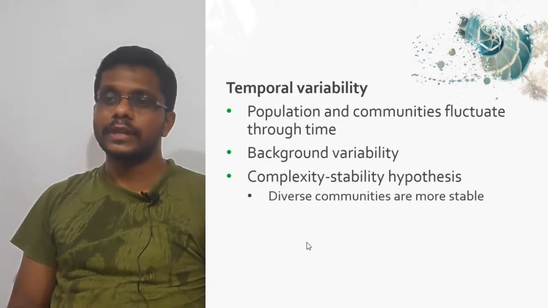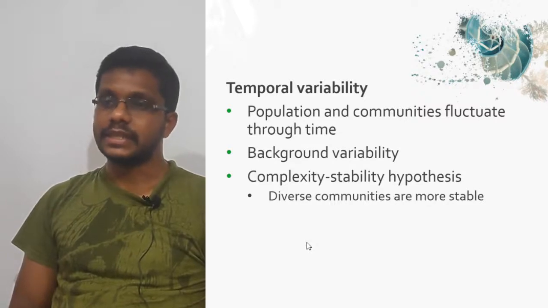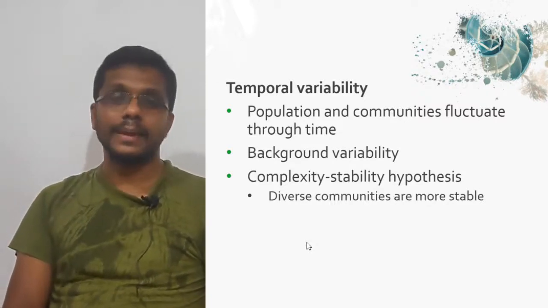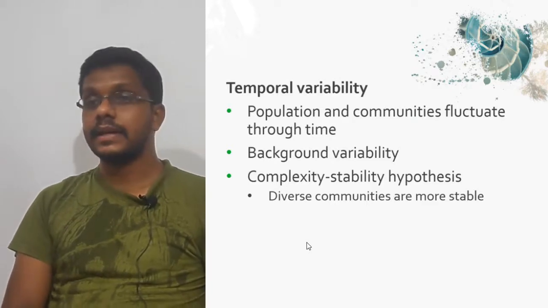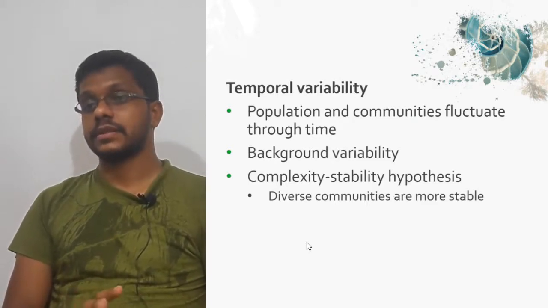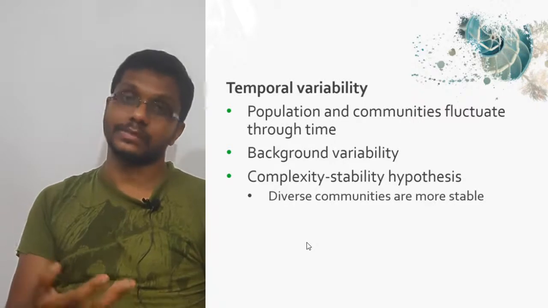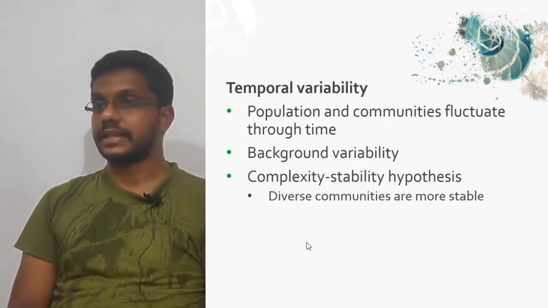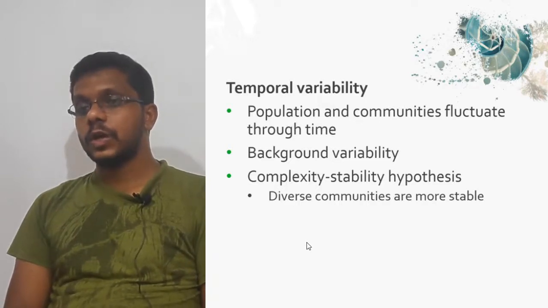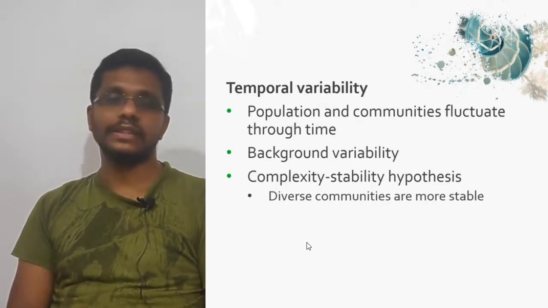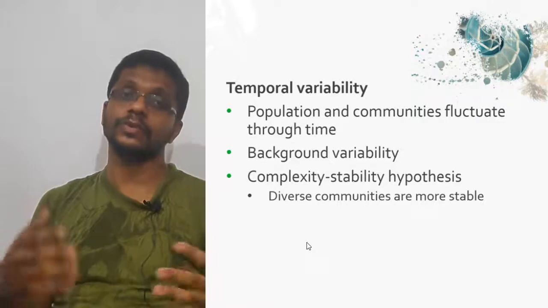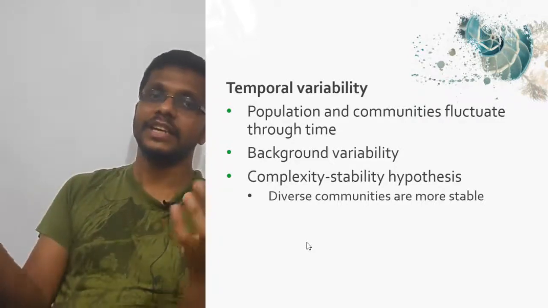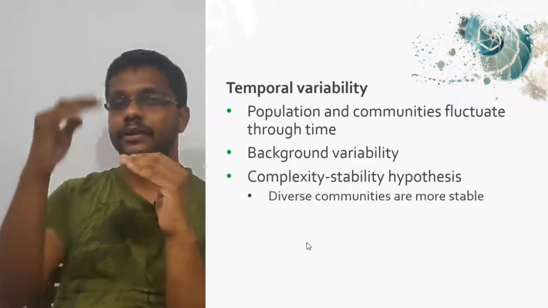So, the background variability is somewhat related to the complexity stability hypothesis. We already learned that if a community is more complex, meaning if it is more diverse, it is more stable. That's what the complexity diversity theory says. So, a community with a huge number of organisms or huge different types of organisms, a very diverse community, doesn't have that much background variability.